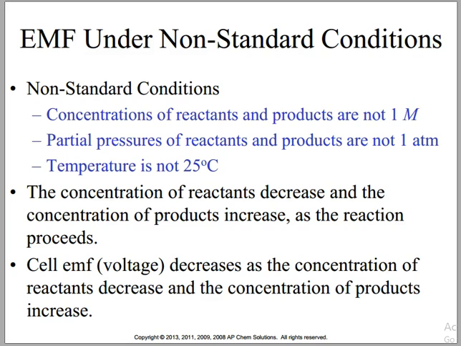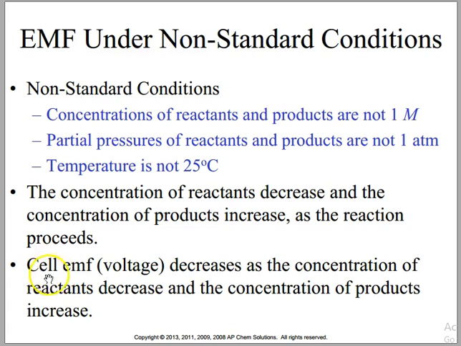And this causes the voltage to decrease. So anytime we have concentrations of reactants or products that are not at 1 molar, or partial pressures that are not at 1 atmosphere, or temperatures not at 25, then we have non-standard conditions.